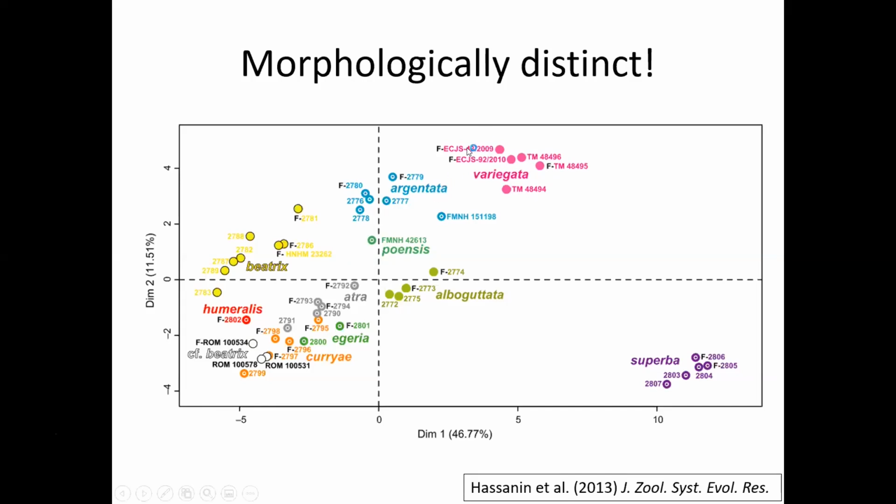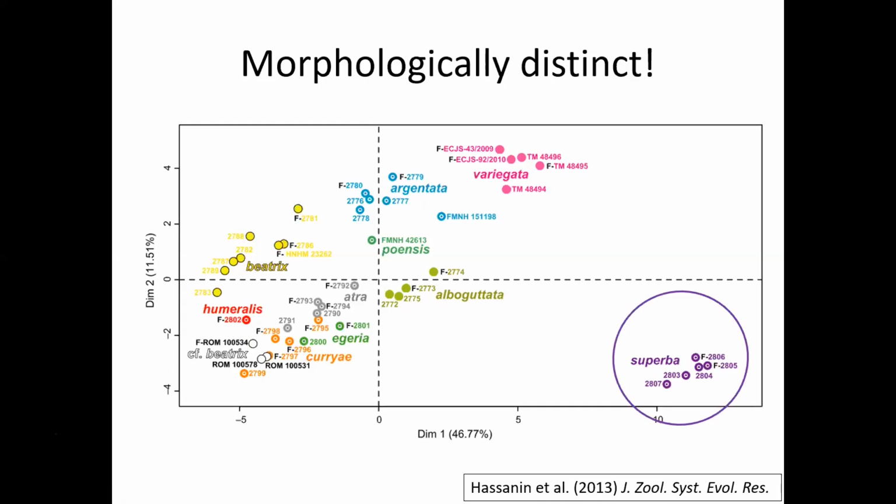And you can see that most of the Glauconycterus is sitting in the band to the left and to the top of the ordination. However, in the purple circle, you can see the Glauconycterus superba or Nyumbaha superba. And what you will notice is that it is distant from any other Glauconycterus.